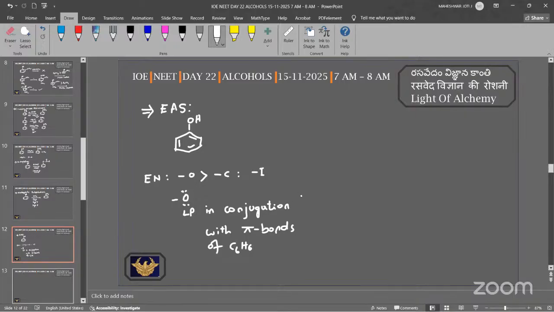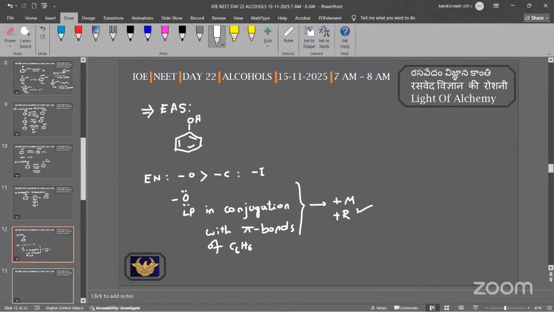So with respect to this property, oxygen acts as a plus M effect group, and we can observe positive resonance, plus M. So between inductive effect and mesomeric or resonance effect, resonance is dominating.